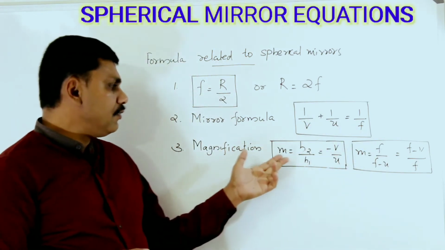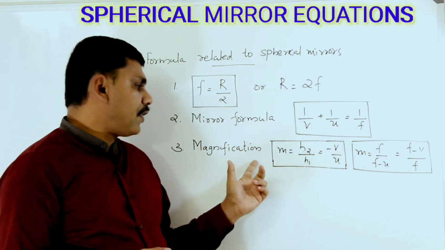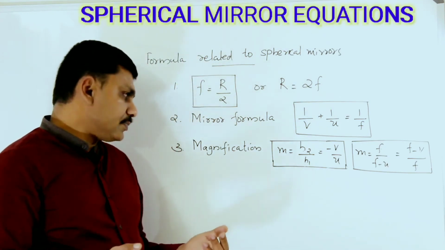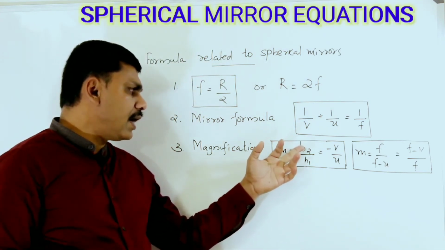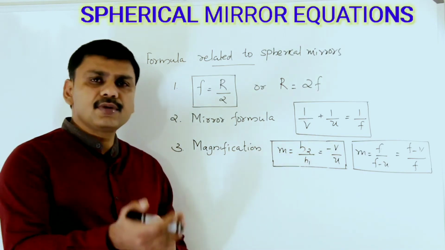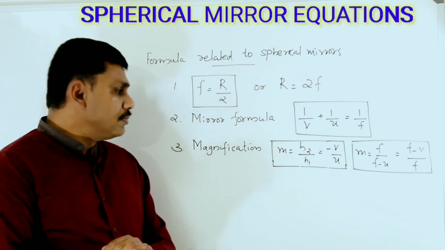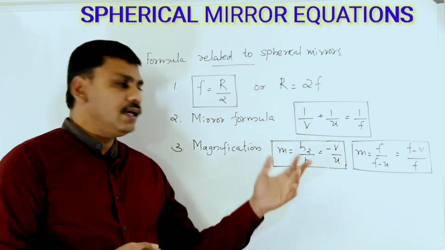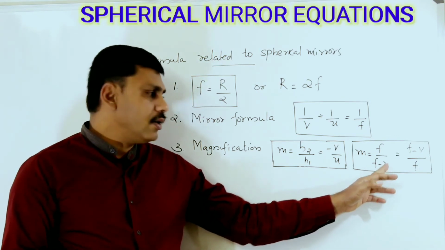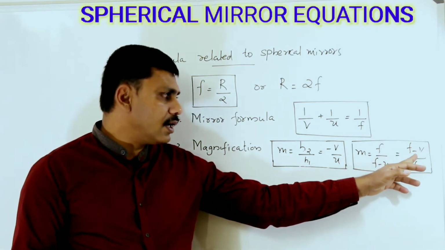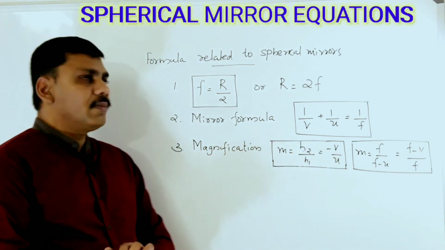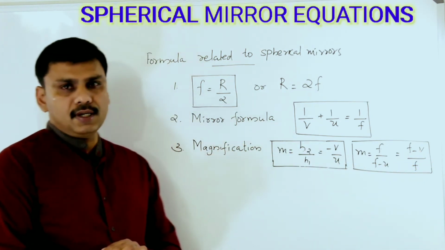So these are the different formulas for finding magnification produced by spherical mirrors, in terms of heights, in terms of image distance and object distance, in terms of focal length and object distance, or in terms of focal length and image distance.